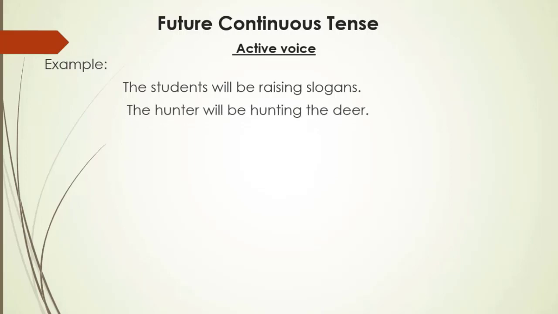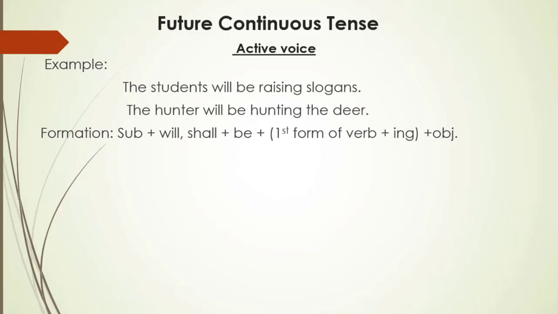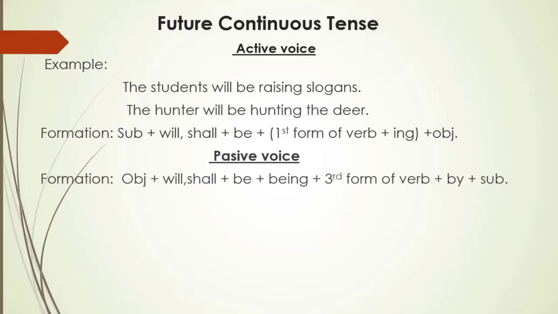The hunter will be hunting the deer. The formation for these sentences would be subject plus will or shall plus be plus first form of verb plus ing plus object. To change it into passive voice, we shall change the formation.